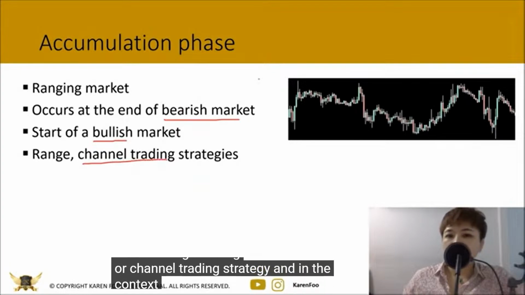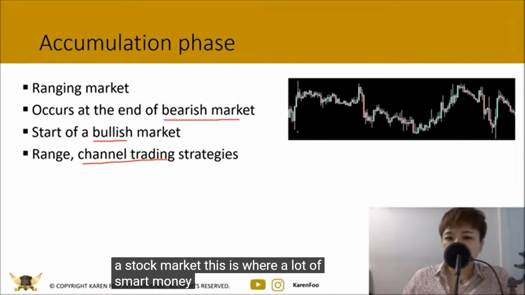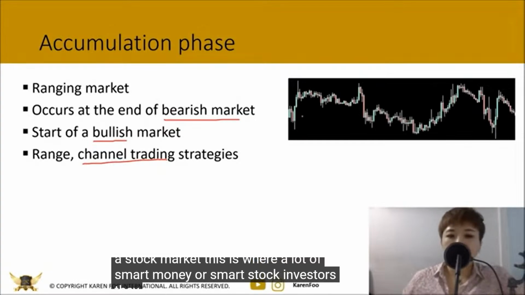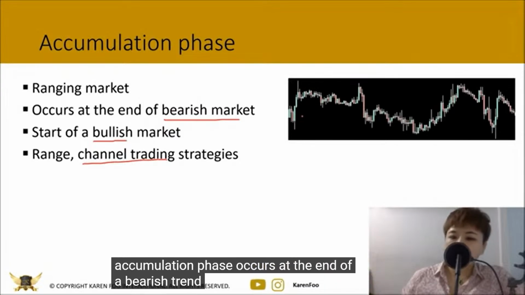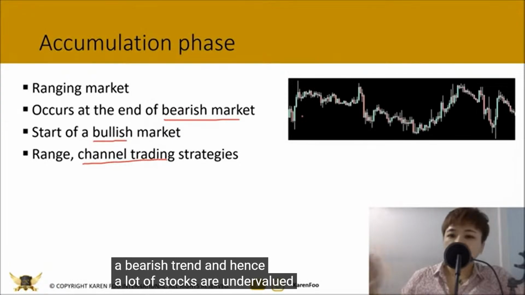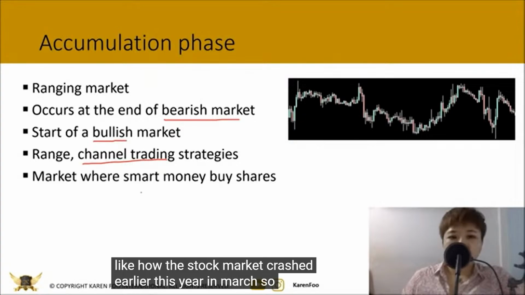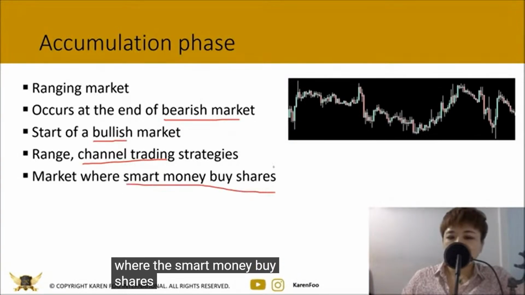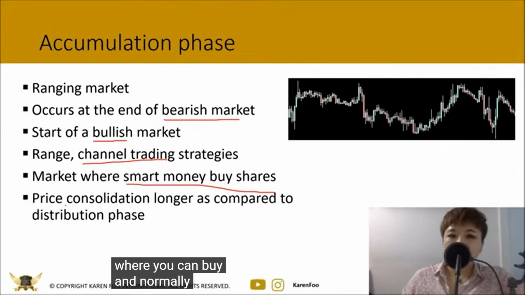And in the context of a stock market, this is where a lot of smart money or smart stock investors are going to buy, because the accumulation phase occurs at the end of a bearish trend, and hence a lot of stocks are undervalued, just like how the stock market crashed earlier this year in March. So this is where the smart money buys shares, and if you are a currency trader, you pick tops and bottoms. This is also where you can buy, and normally it will consolidate longer as compared to the distribution phase.